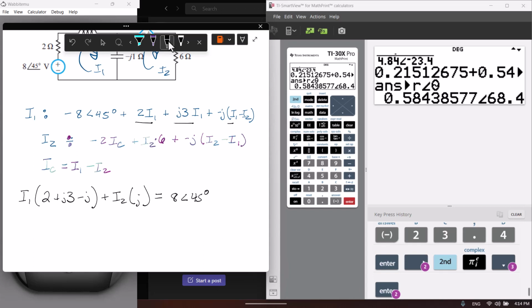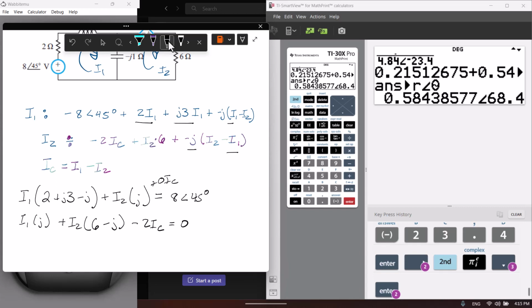And I have plus 0 IC. And for my second equation, I have I1 times J, that's right here, plus I2, I have a 6 minus J, and I have a minus 2 IC equals 0.